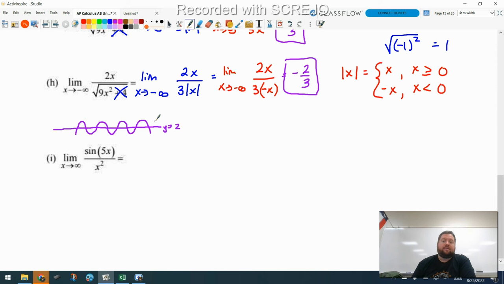The sine graph is very similar. It's going above and below, but the center of the sine graph is staying the same. So when we're thinking about is this top heavy, bottom heavy, or balanced, this is bottom heavy. The top is staying the same. The bottom's getting bigger. Bottom heavy functions are equal to 0 when you do a limit as x goes to infinity.